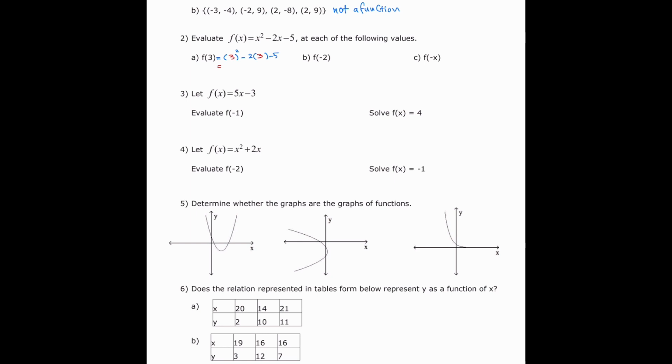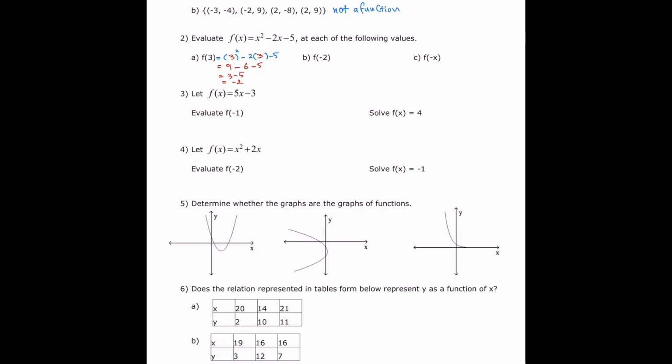Now I'm going to compute 3 squared is 9 minus 2 times 3 is 6 minus 5. And then we do the operations from left to right. 9 minus 6 is 3 minus 5, which is going to give you -2. So that is the final answer.